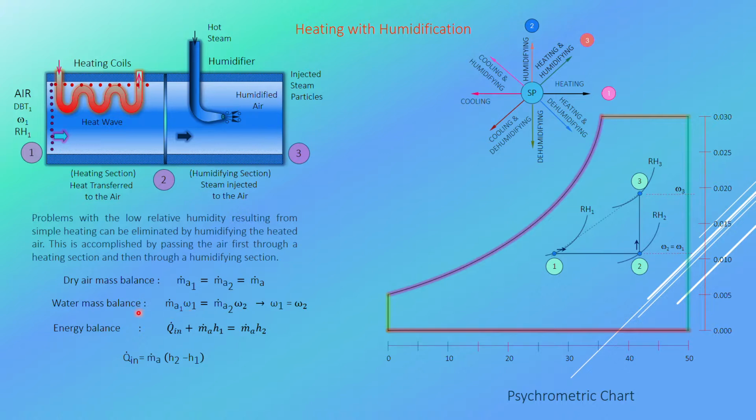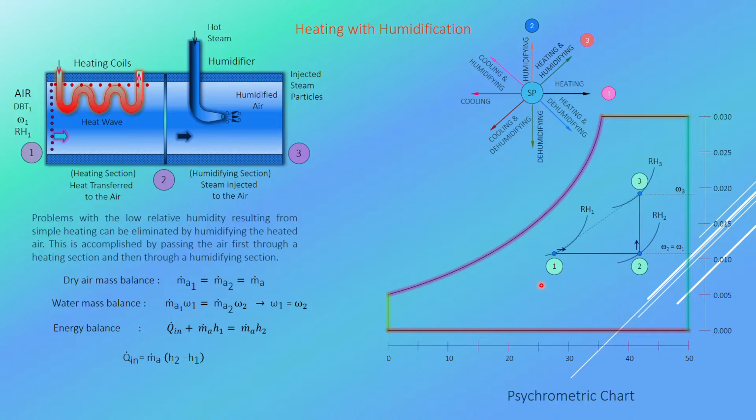You can do that when you are looking at the continuity equations, or the mass balance. When you look into the energy balance part, then you have this equation here. Again, your Q in is equal to this.